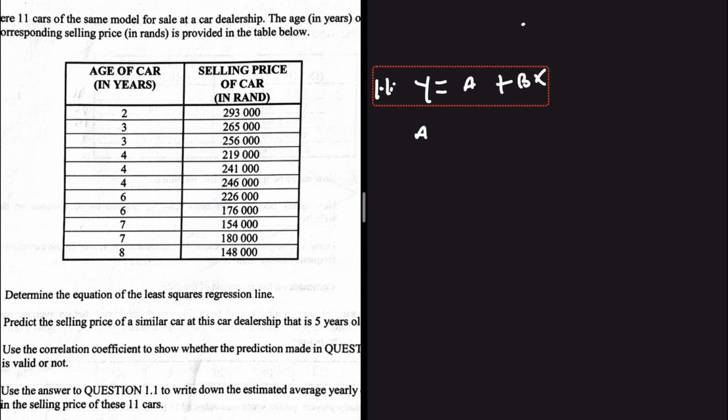So I've entered the data. Let me just verify something: 11 cars, so that is supposed to be 11.